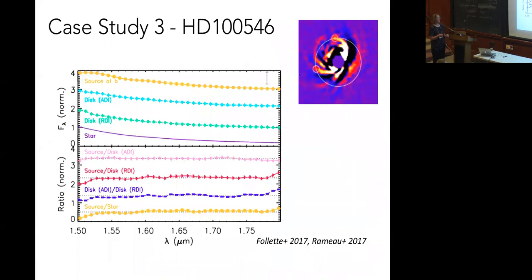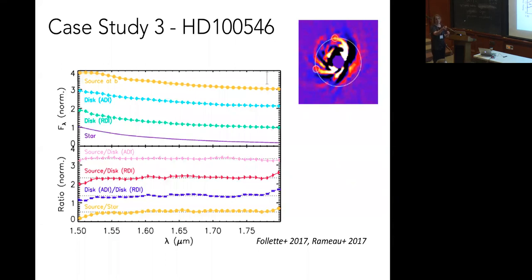And in this case, we can use the spectral information that we get. There is a planet candidate at this location in the disk. So what we did is we took an aperture in a place that's unambiguously disk, and we compared the spectra at those two locations and to the spectrum of the star. And you can see they all have very similar structure.